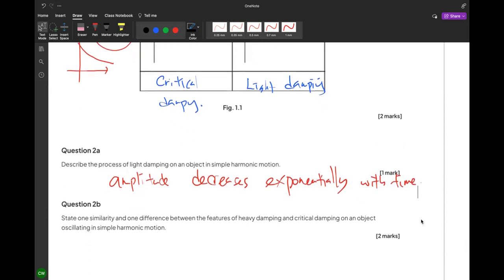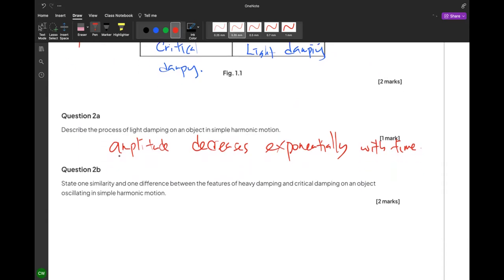State one similarity and one difference between the features of a heavy damping and critical damping object in an oscillation. One similarity and one difference. What is the similarity of this and this? How? I mean, you need to describe. Critical damping, normal oscillation is like that.